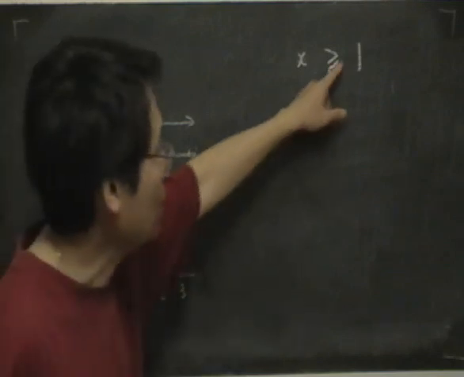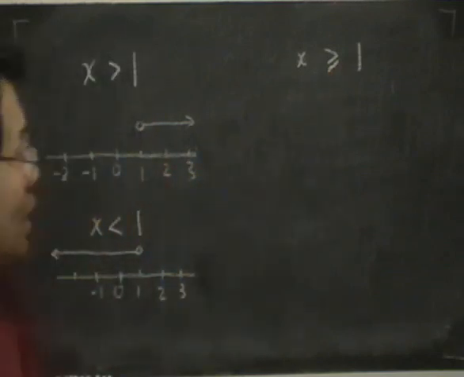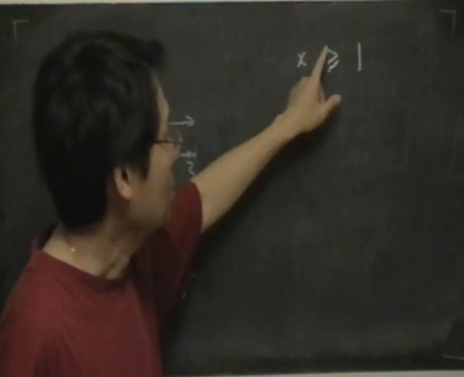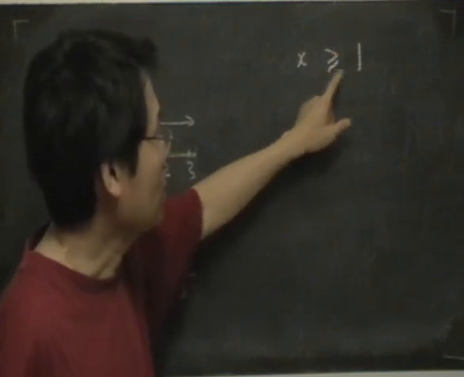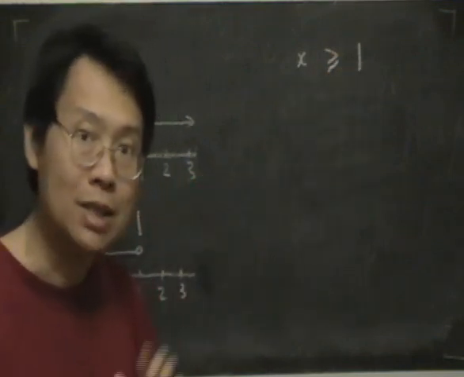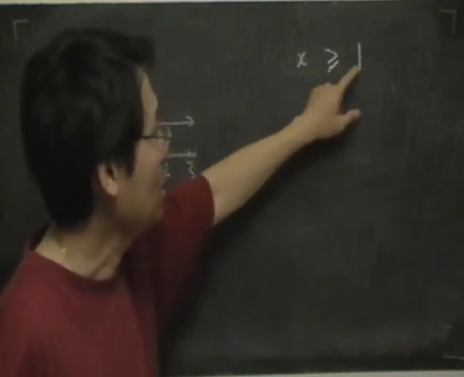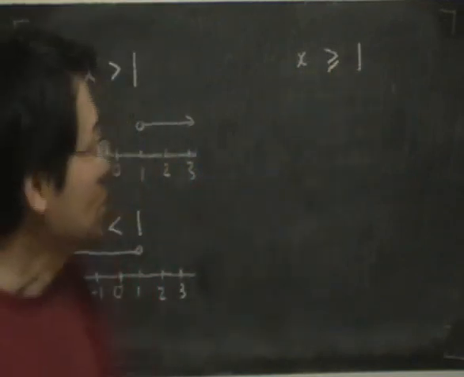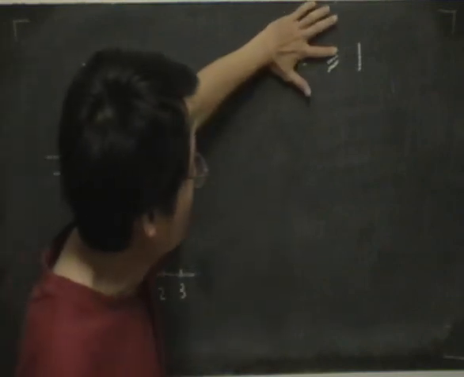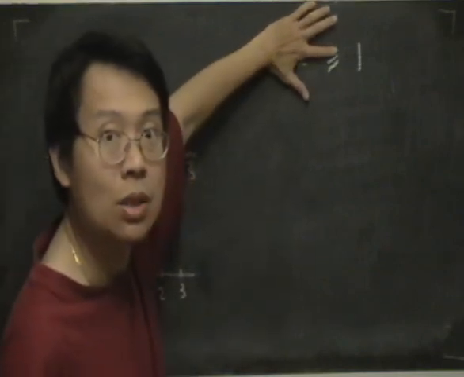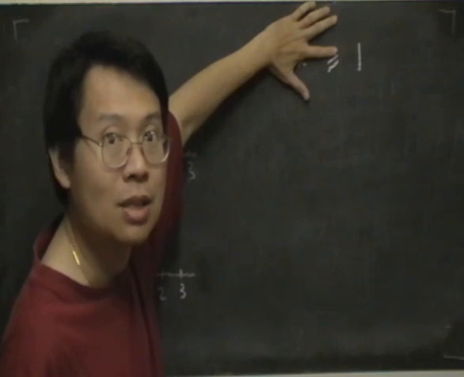Now that extra line means that x can be greater than 1, or x can be equal to 1. So you see, if I cover up the top bit, it looks like a tilted equal sign.